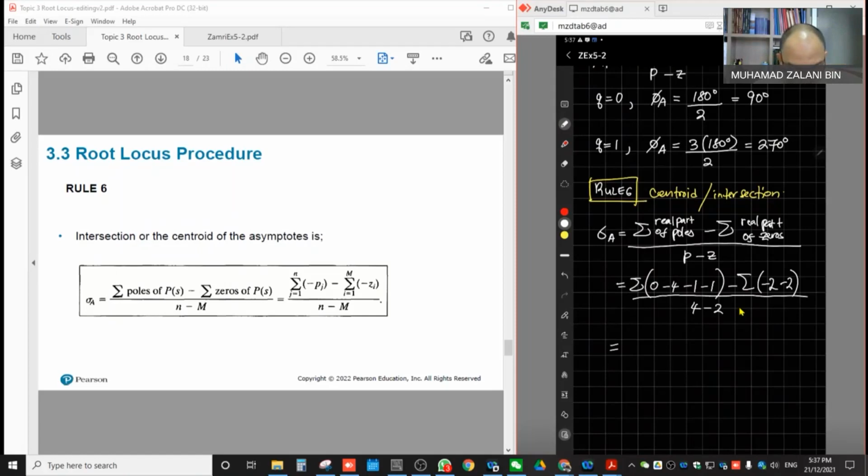So we have -6, and then minus the zeros' sum, plus 5... we have -6 plus 4 divided by 2, which is negative.